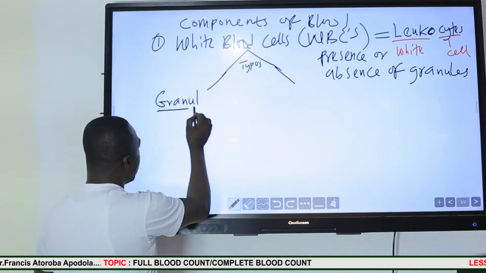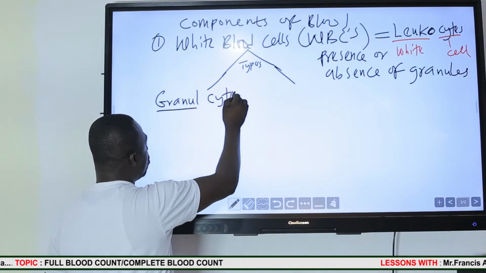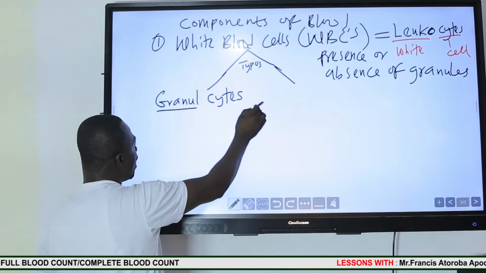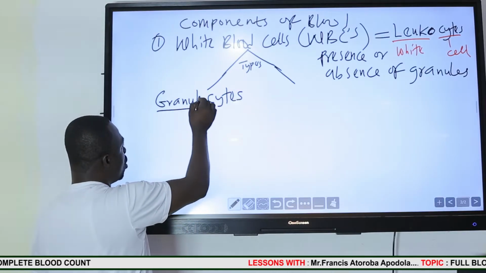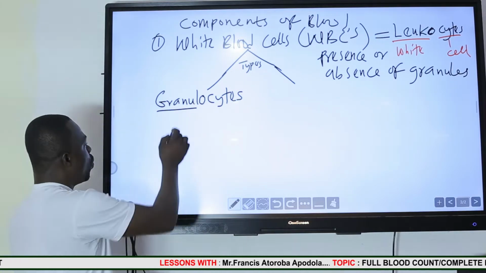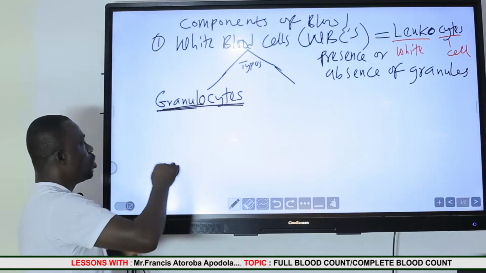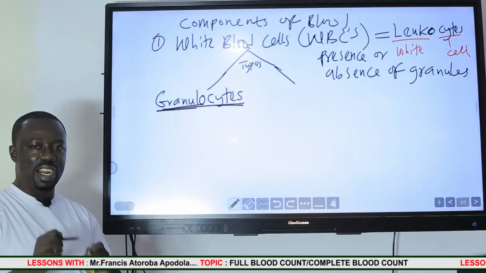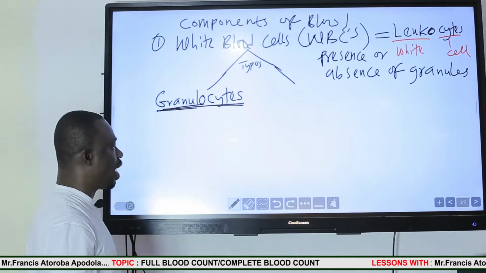Coming from the word granule, we create granulocytes: cytes means cells and granule means granules. We put the vowel O to construct the medical word. So granulocytes means cells with granules.